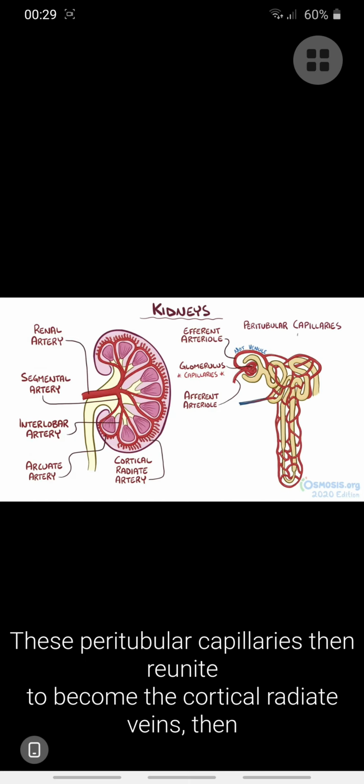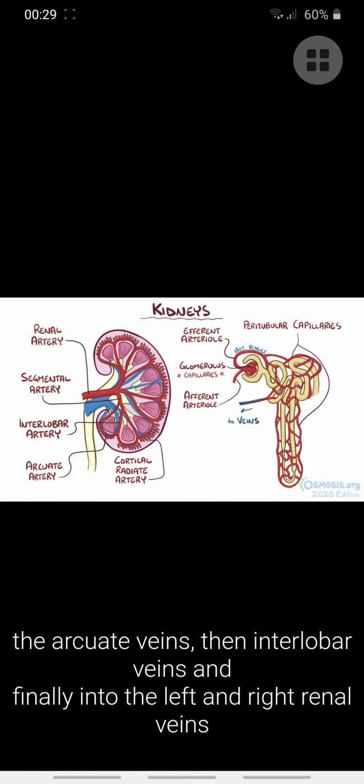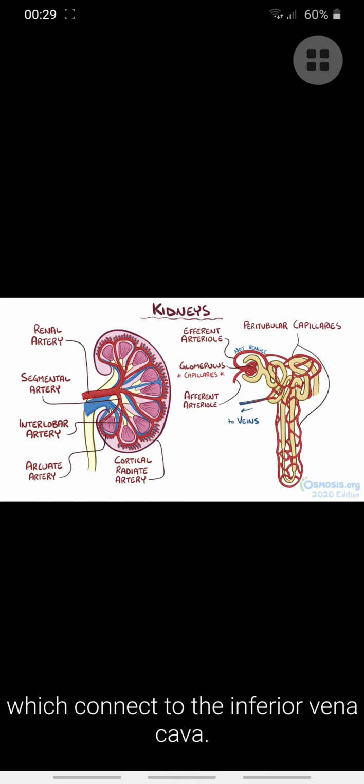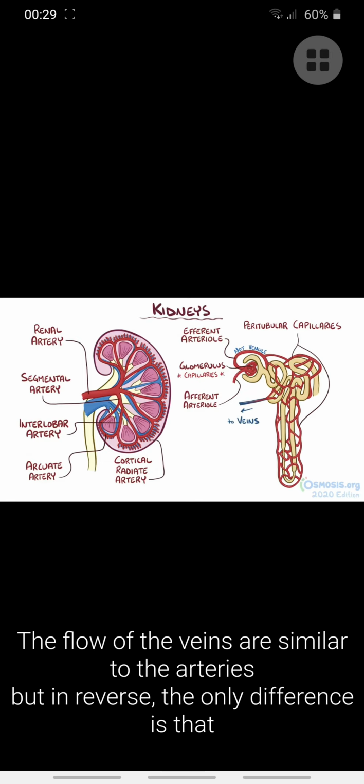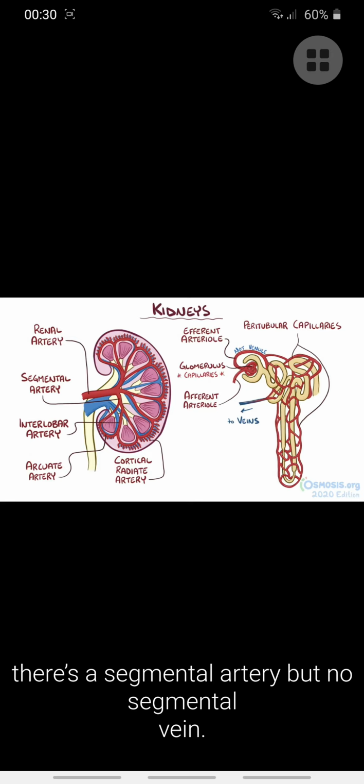These peritubular capillaries then unite to become the cortical radiate veins, then the arcuate veins, then interlobar veins, and finally into the left and right renal veins, which connect to the inferior vena cava. The flow of the veins is similar to the arteries, but in reverse. There's a segmental artery but no segmental vein.